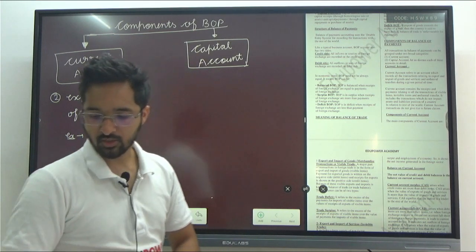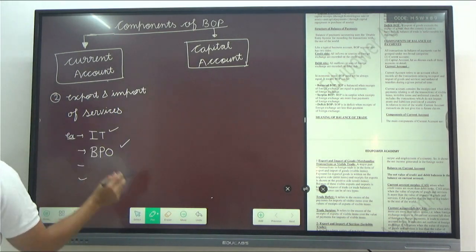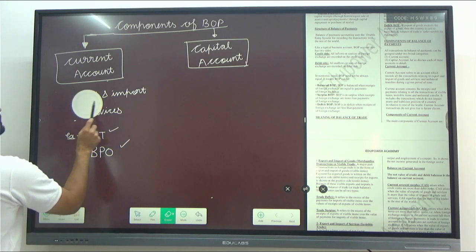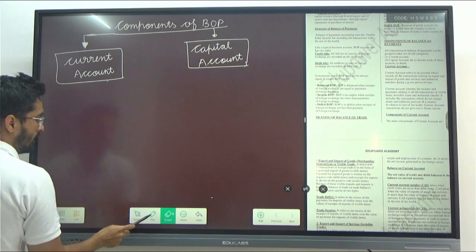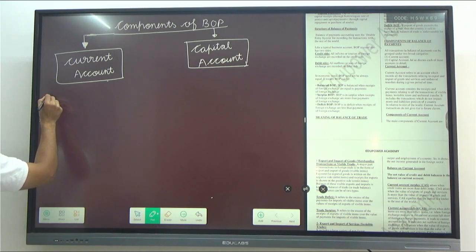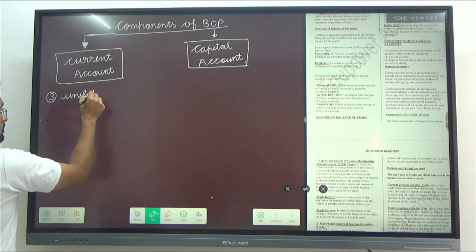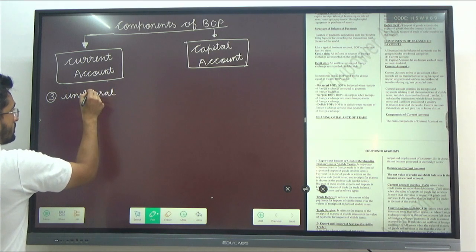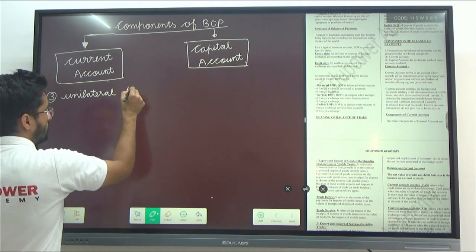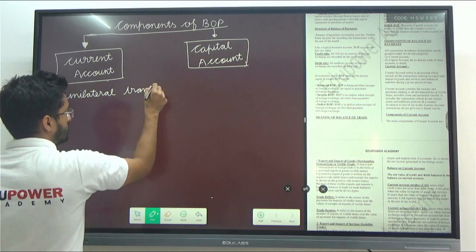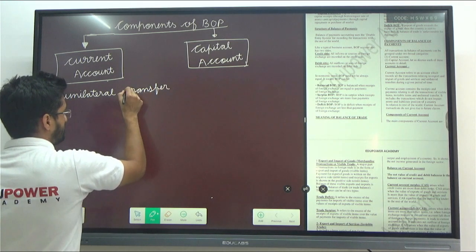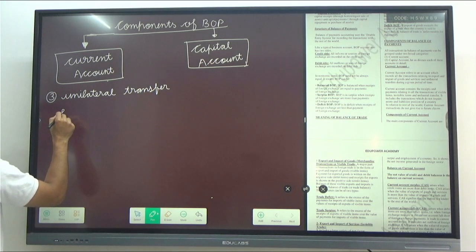Next, the third heading is unilateral transfer from and to abroad.